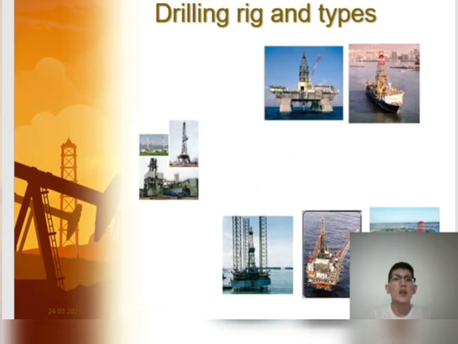And the second type is the barge. A barge is used where the waves are not high, so it is located on the water where the waves are not so high. These are the types of drilling rigs that help us to drill our well.